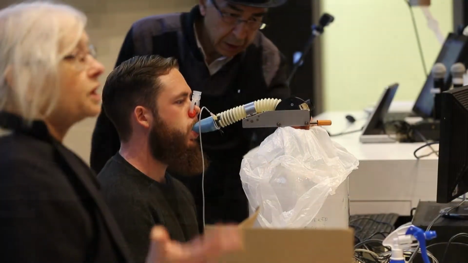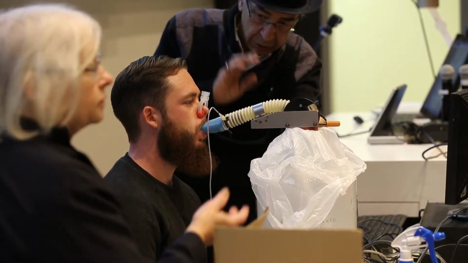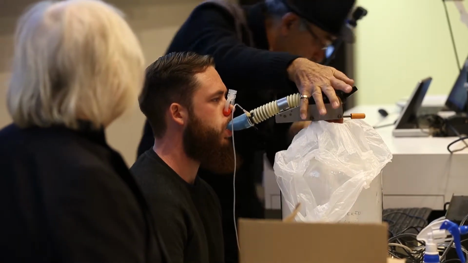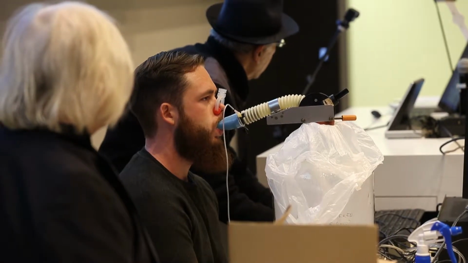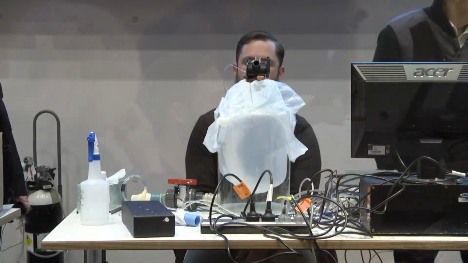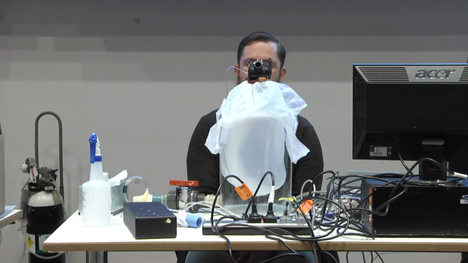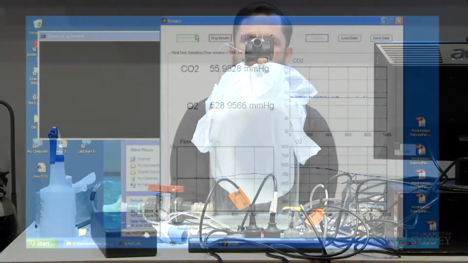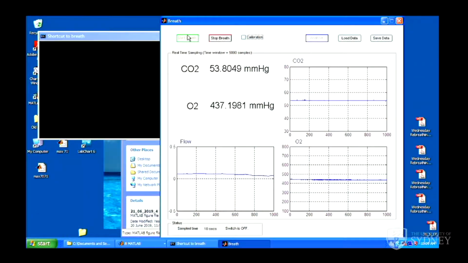So he's taking a few deep breaths to equilibrate the air in his lungs with the gas in the bag. You can see the bag's now starting to move. You can see that Zach is not in any danger of becoming hypoxic.